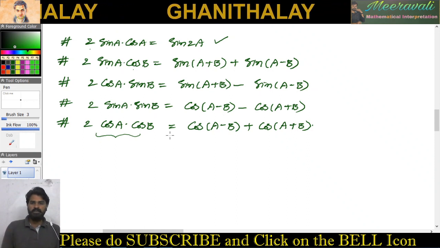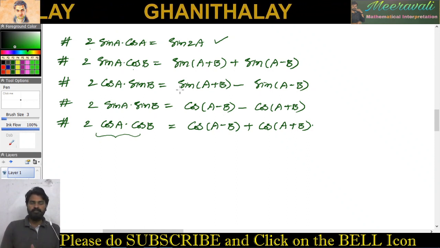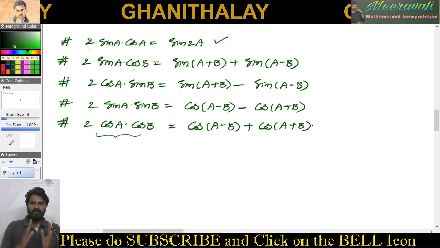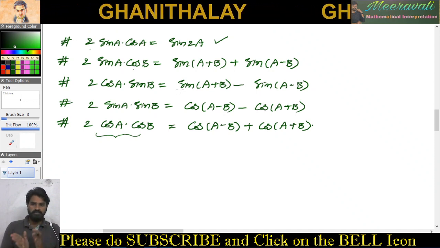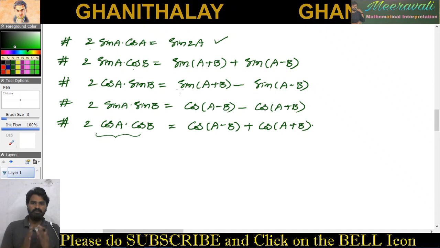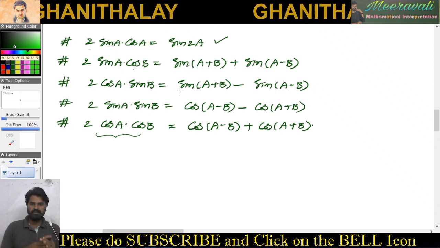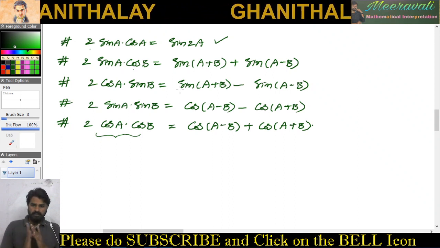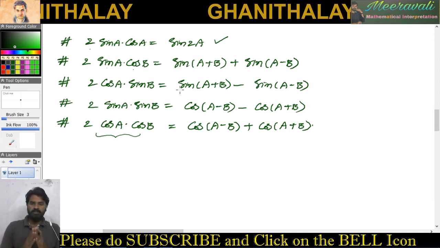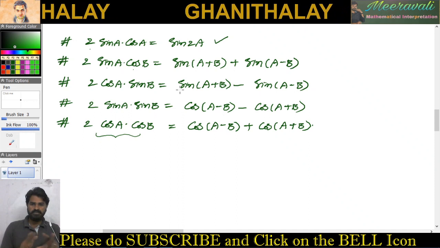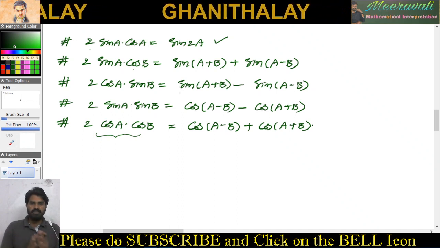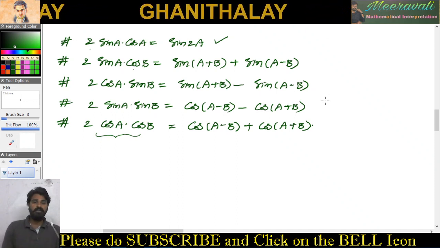The simple technique to remember these formulas: when the product of sine and cos is given, the formula will be in terms of the sine function. When the product has both sine or both cos, the formula will be in terms of cos.